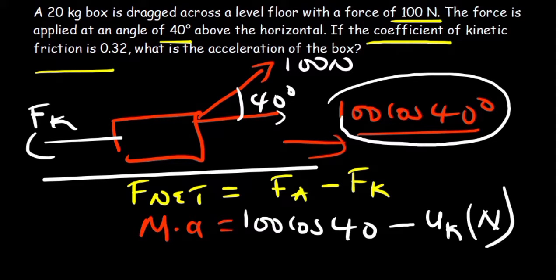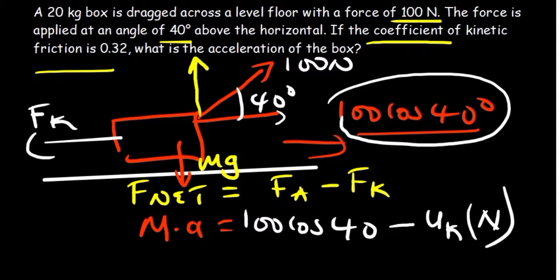Now let me explain how you find the normal force in this case. Initially, when there is no force in the y direction, we said the normal force is equivalent to the weight, which is mg. Now in this case there is a y component of that force.